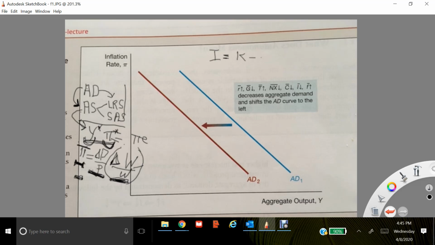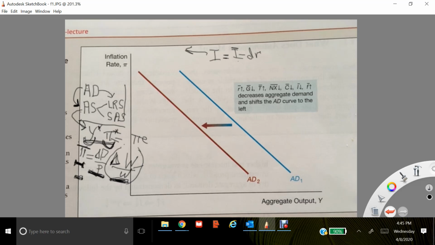Investment would be some constant, I bar, minus D times little r. Now, r is the real rate of interest. And this is one of the big equations in macroeconomics.